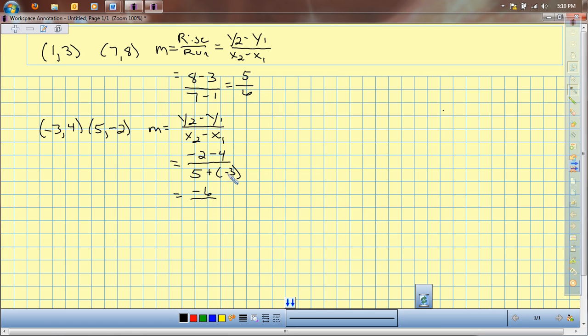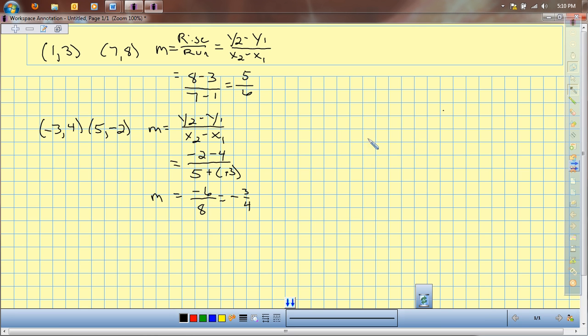These are going to become a positive, so we have 5 plus 3, which is over 8. So we have negative 6/8. Of course, you quickly recognize we can simplify this fraction, so we divide both of them by 2, and we have negative 3/4. So the slope of this line is negative, which means, of course, as we go from left to right, this line will go down.